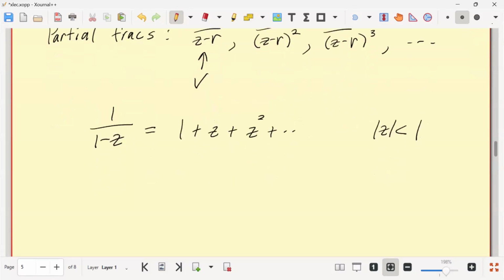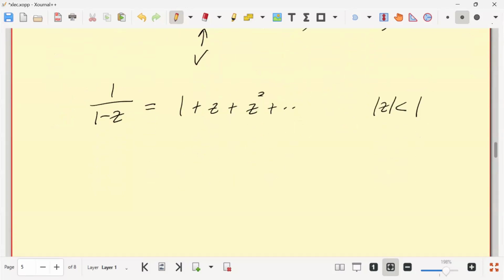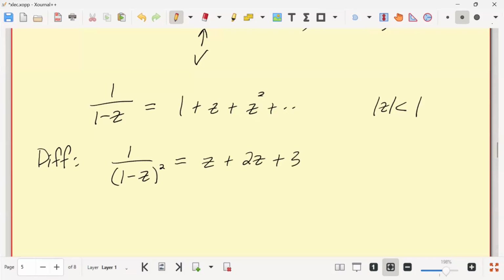And we also know that we can differentiate power series term by term. So when I take d by dz, I differentiate this one and I get 1 over 1 minus z squared, since the minus 1 makes it a plus 1. That would be the derivative over here: 1 plus 2z plus 3z squared plus dot, dot, dot. And that's how I would deal with it.